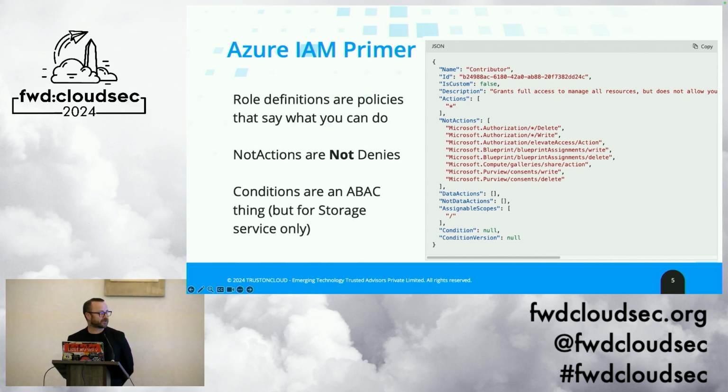So just because you've got an action here, something that's a not action, this policy says you can do everything except the stuff that's in not actions. But if you have another role definition applied to you, which allows just everything, all those actions in the action section, you can do them, okay? So don't think if you're writing policies, you're going to be all clever with not actions and then applying 3 other policies, which would undo that not action there.